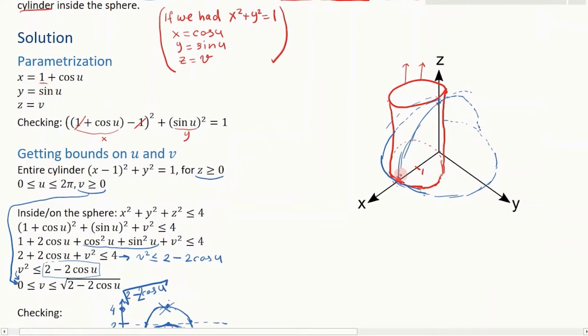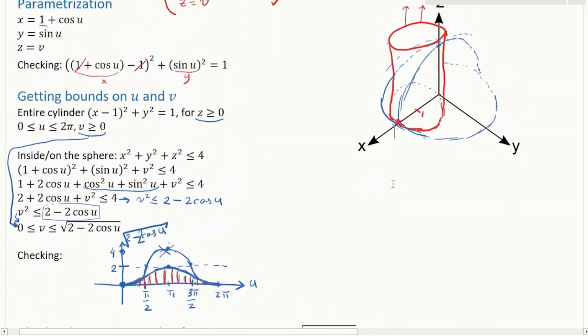So it's right here. And we're saying that the bound on v is going to be 0 as well at this point.